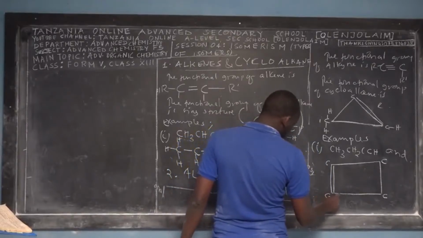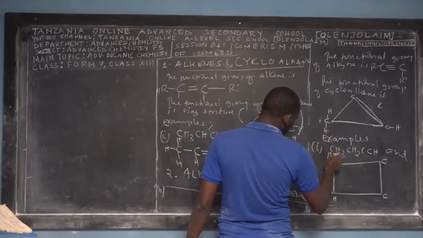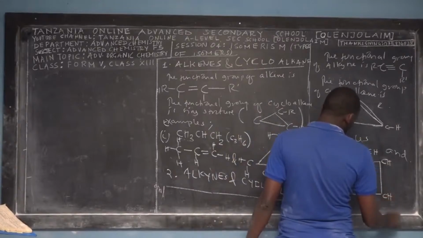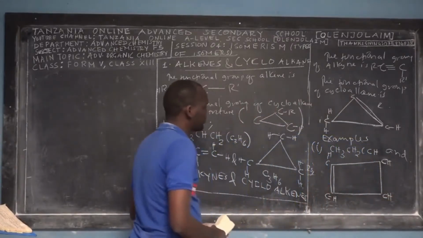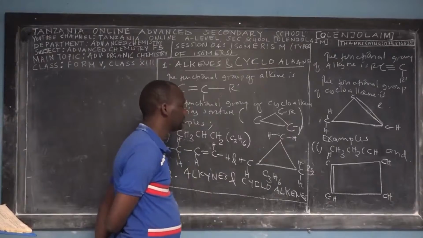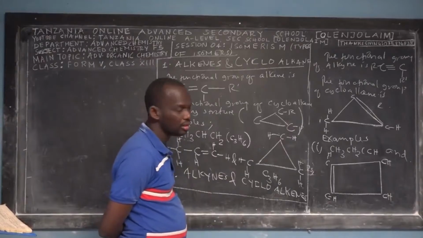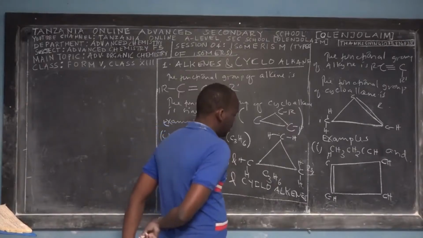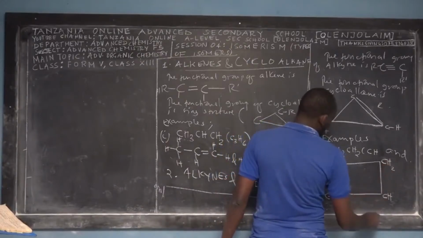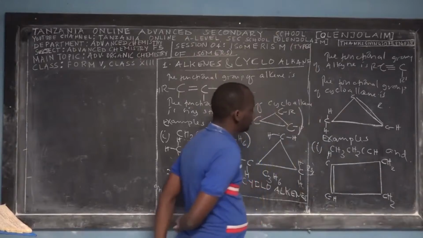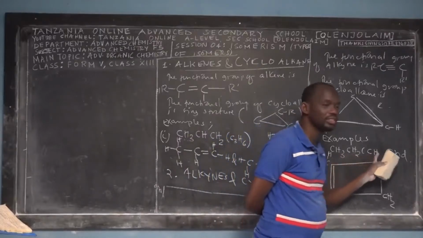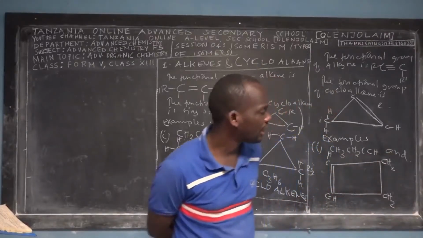Here we have single hydrogen, single hydrogen. Total how many hydrogens do you have? Here we have single hydrogens, and you should have two hydrogens. So in total you have 6 hydrogens. You have 4 carbons.